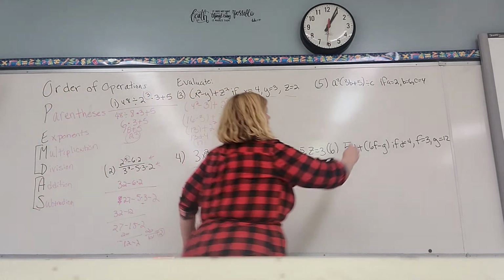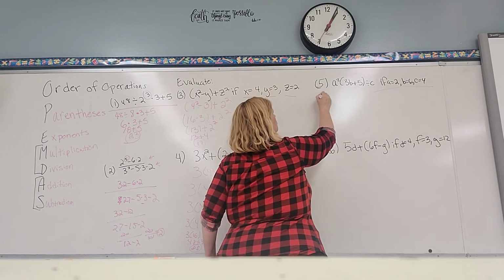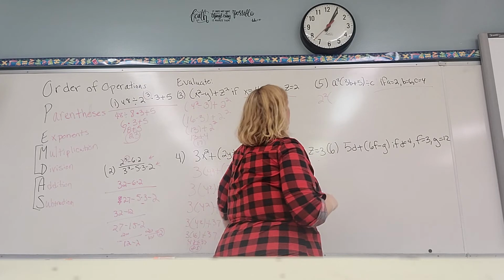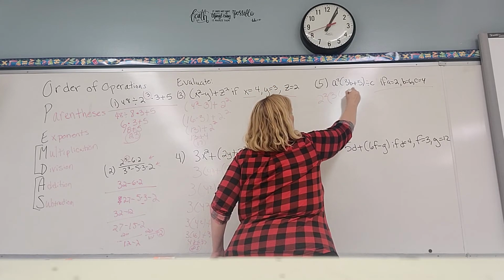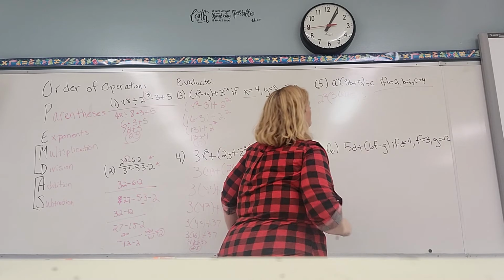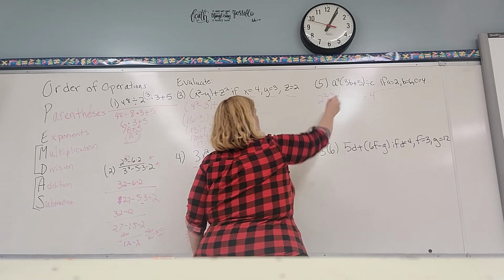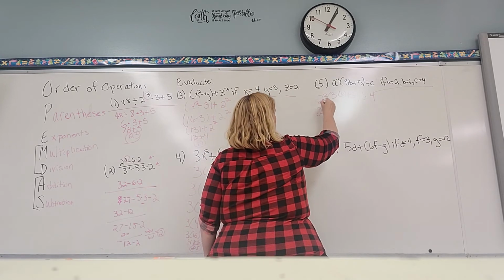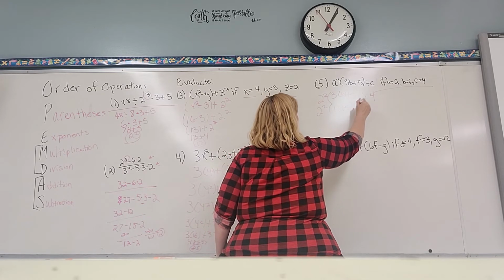Over here we have A, B, and C, what they're equal to, so I'm going to fill those in this one. So 2 squared times the sum of 3 times 6 plus 5 divided by 4. Okay, so we go in parentheses to this one. So 2 squared multiplication, 18 plus 5 divided by 4.